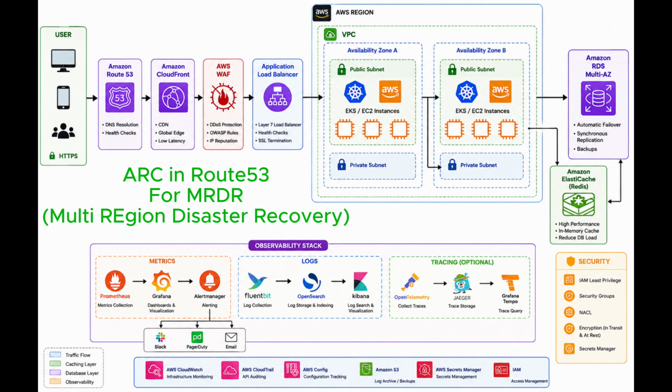We can also use Route 53's Application Recovery Controller feature for designing our multi-region disaster recovery strategy for our applications. So this is one of the ways by which you can get a multi-region application failover architecture.